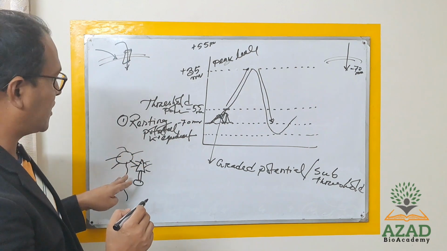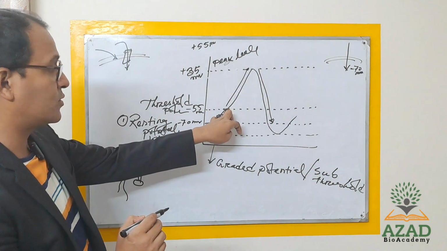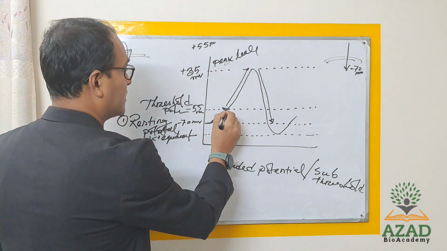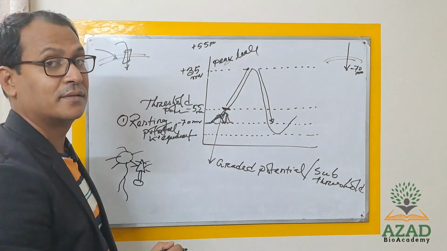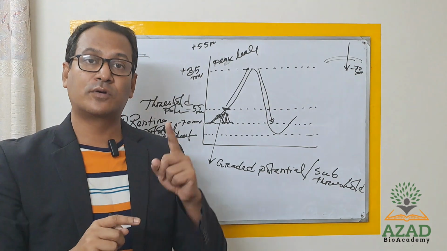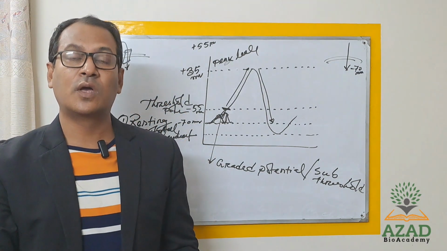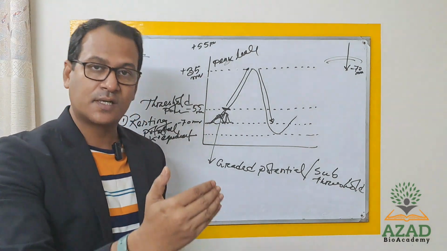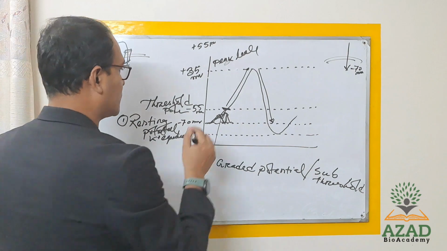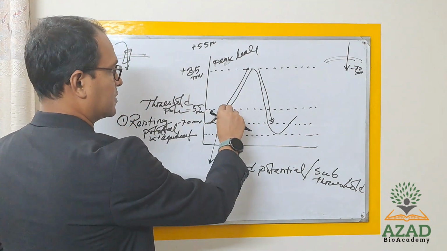The potential change will quickly reach the threshold potential, and when the threshold potential is reached, the voltage gated channels will open. The voltage gated sodium channel and potassium channel are very important to initiate and to maintain the action potential. So from here the voltage gated sodium channel will open through this.